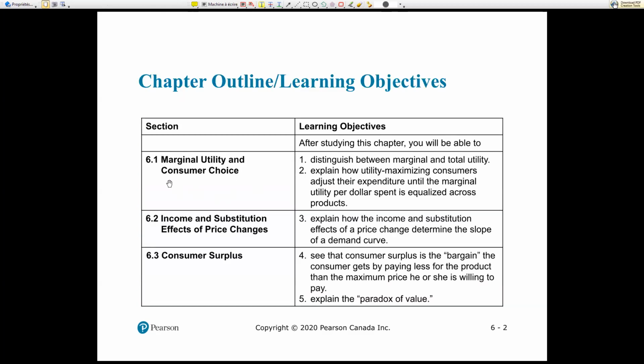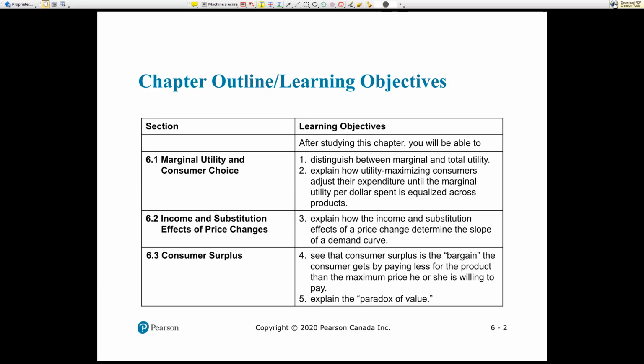The introduction is to marginal utility, consumer choice, or just utility in general, what it is. Why do we use this to understand how consumers choose what they choose and consume what they consume? This is a way for us to structure our understanding of people's decisions, and then later on go on and build demand curves.